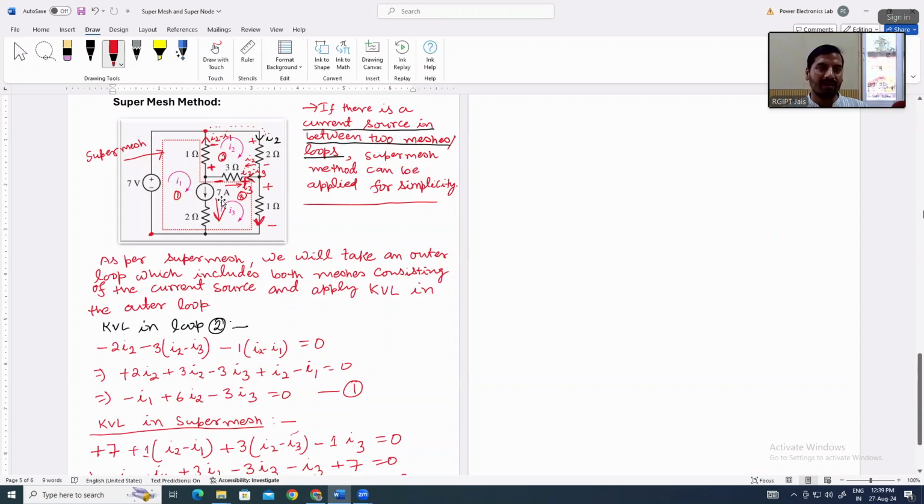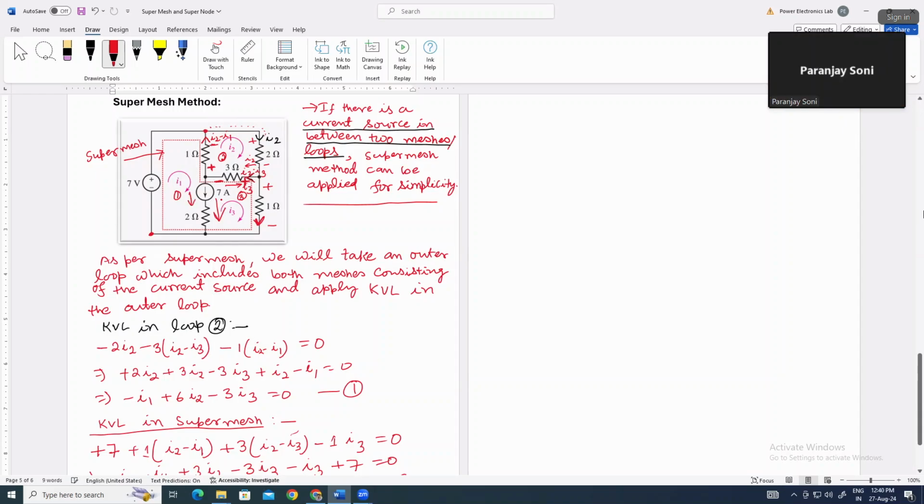I am telling clearly. What will be the value of 7 ampere in terms of I1 and I3? I1 minus I3, right?